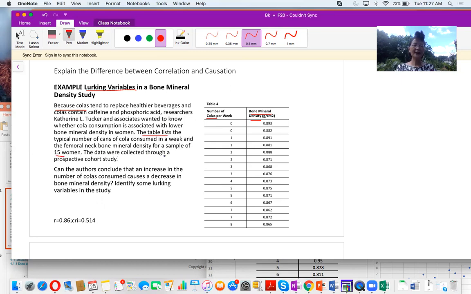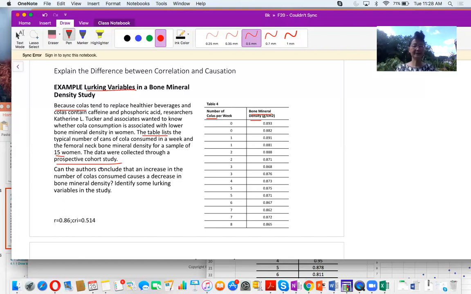The data were collected through a prospective cohort study. So again, this is an observational study. Remember, observational studies include the cohort study, the case study, and the cross-sectional study. So this belongs to a cohort study over a longer period of time.